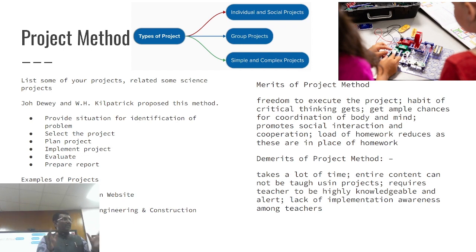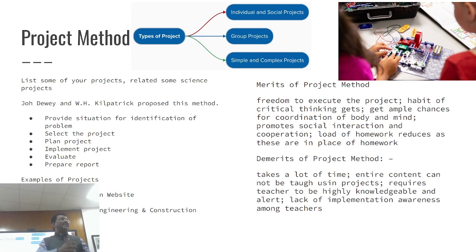When you are giving the project to the students, that means the student becomes more active. There is freedom for students to do the project. Right or wrong, he is taking the decision. Habit of critical thinking: he can start thinking why it is right, why I went wrong. He also gets ample chances for coordination of body and mind. Most of the time we are thinking about mind, imparting knowledge, and physical exercise is not there.